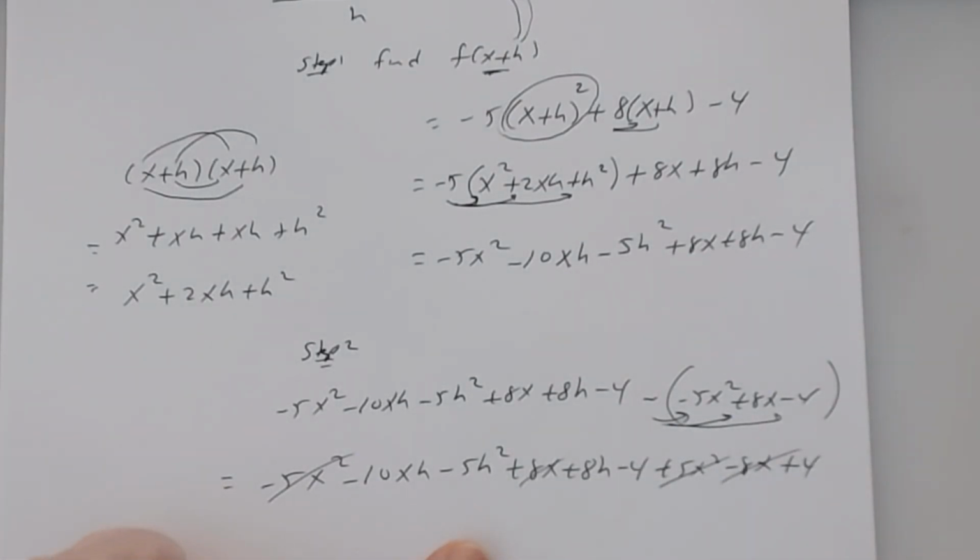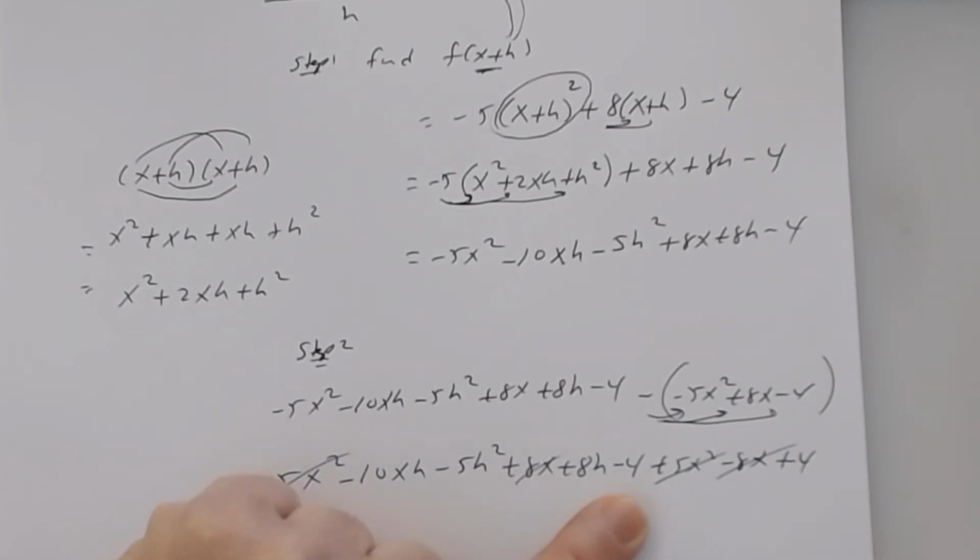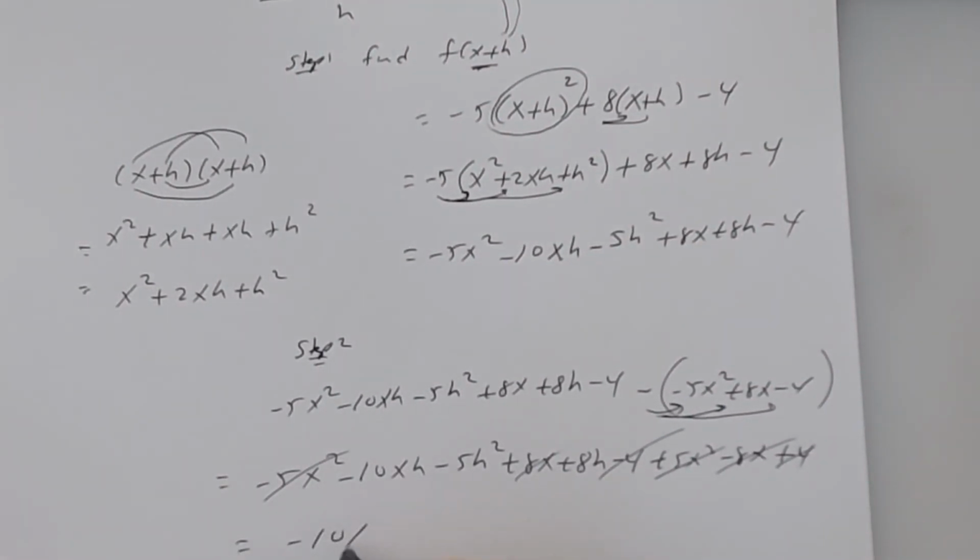So 8x and a -8x is 0. This has an h, this does not. -4 and a positive 4. So every term that's left better have what variable in it? H. Every term that's left better have an h in it. We're dealing with polynomials, so that's going to be the case. So it'll be -10xh minus 5h squared plus 8h.